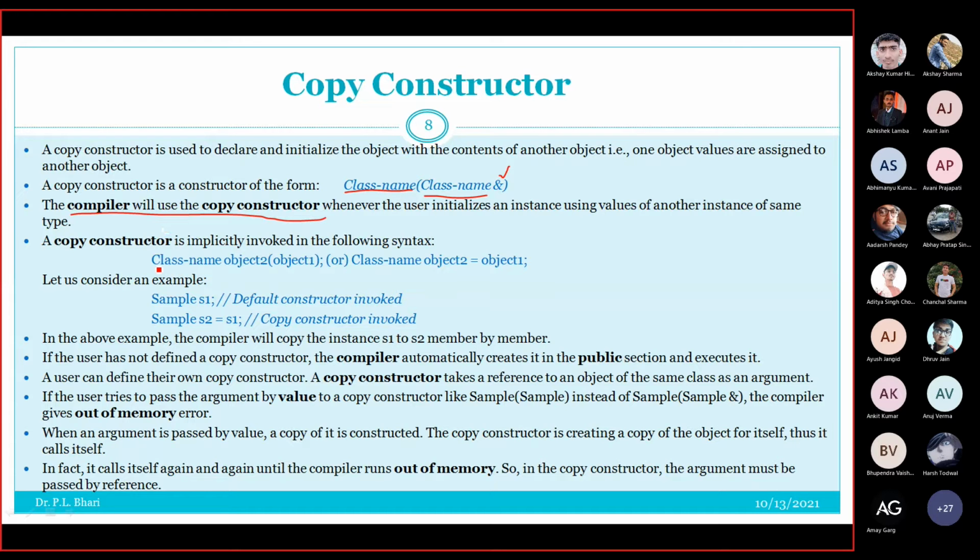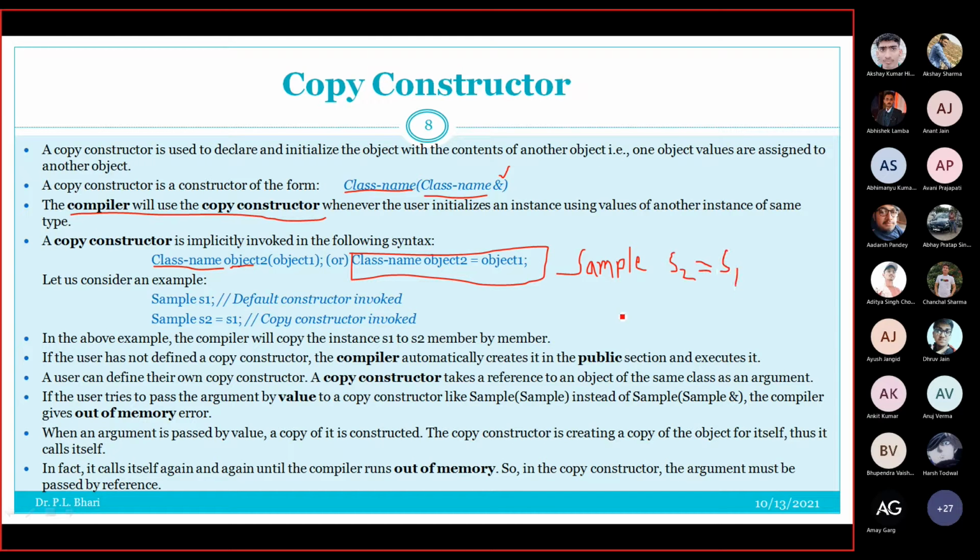So the syntax will be the class name, and whenever you create the object, there will be two different ways. We saw this way in the demonstration. There the class name was Sample, and we created S2 and copied S1 into it.